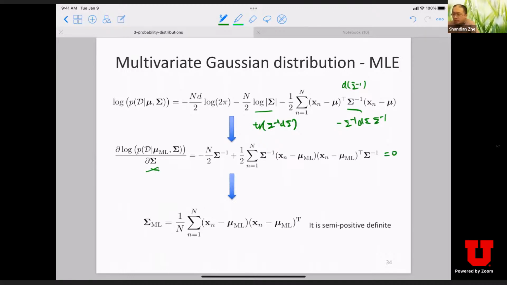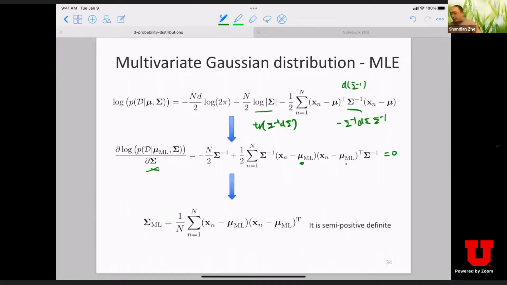Then we set this gradient to be 0 and solve it to get the maximum likelihood estimation of the covariance matrix sigma. Here we have to replace mu by its optimal value, mu ml.